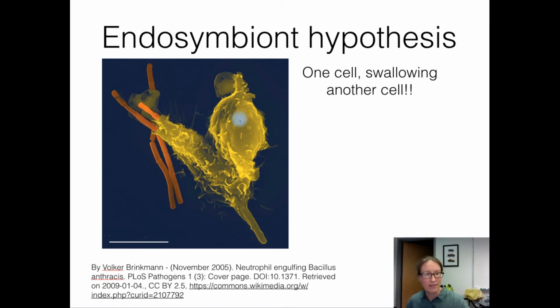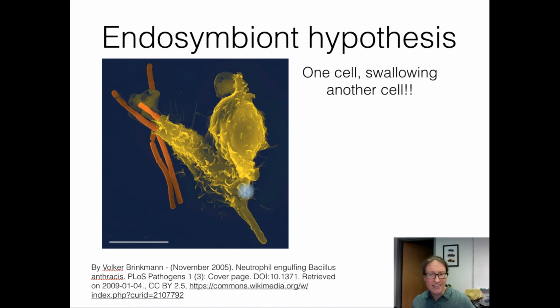This is a white blood cell shown here in the yellow. It's a colorized scanning electron microscope image. And what this white blood cell is doing is swallowing an anthrax bacterial cell right here. You can see that tube disappearing into this white blood cell. You can actually see one that's been swallowed down here previously.